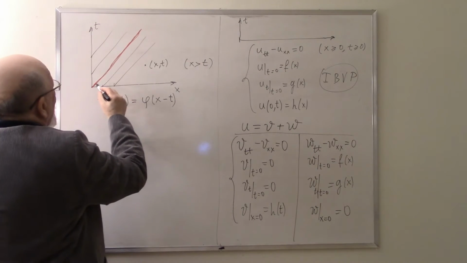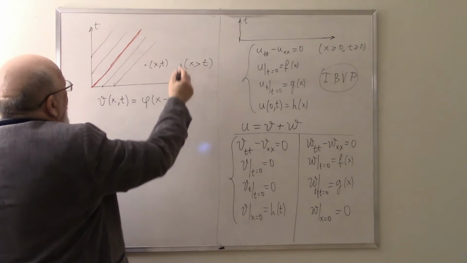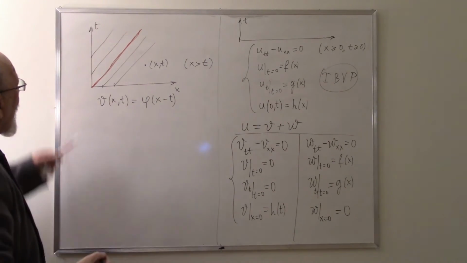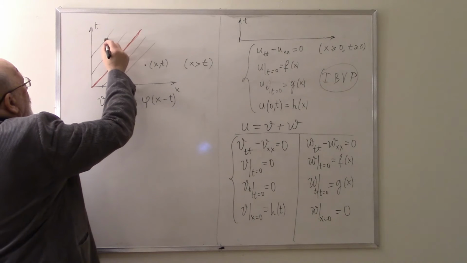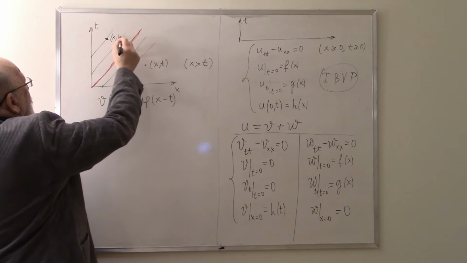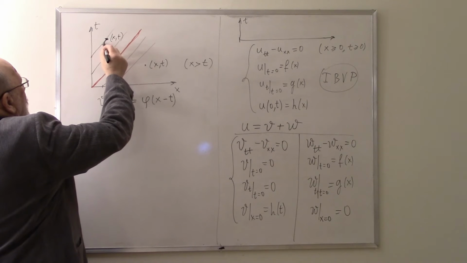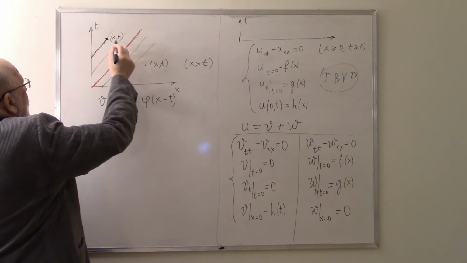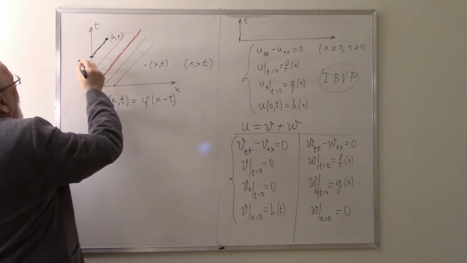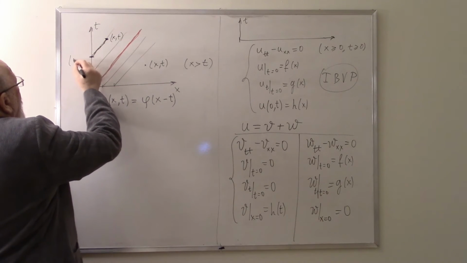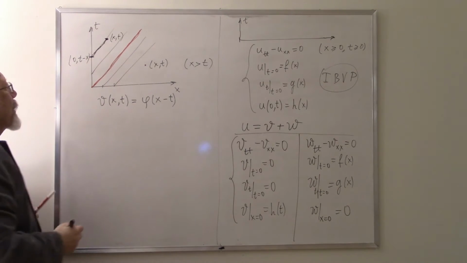So let us have a solution which is 0 here, and if you have the point x, t, then the corresponding point on the characteristic through x, t on the t-axis will be 0, t minus x.